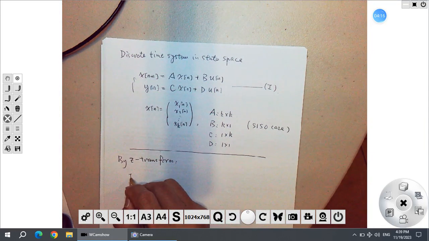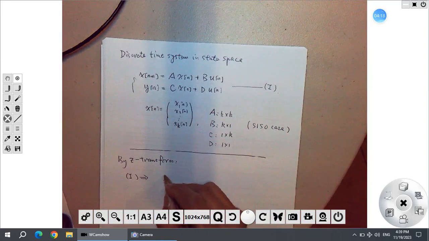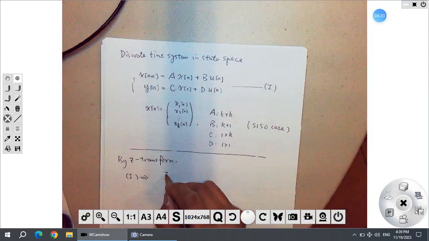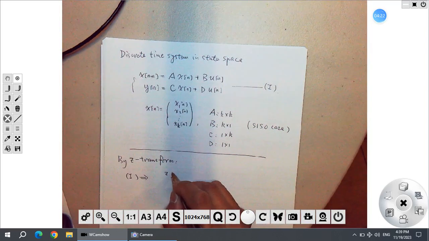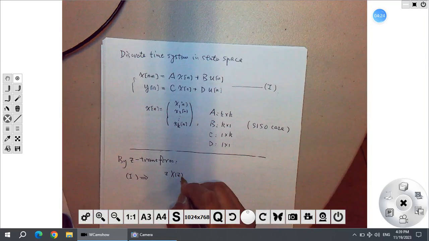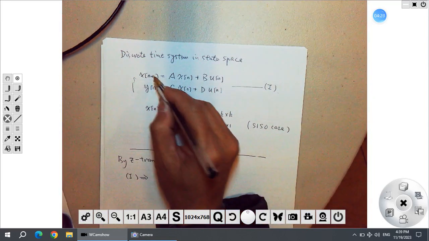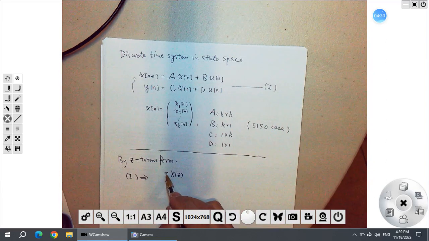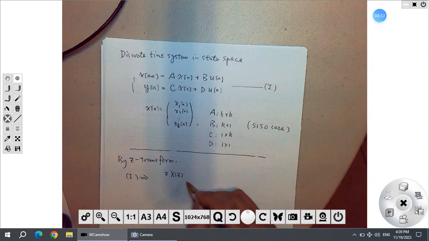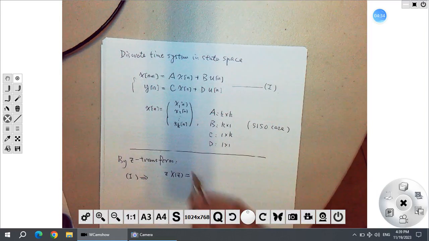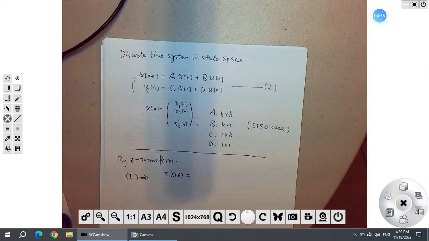The n plus 1 shift becomes z times x of z, similar to the derivative of a function after you apply the Laplace transform.